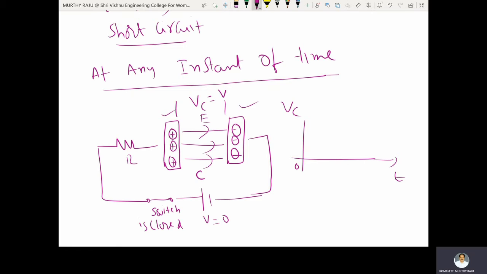At t equal to 0, the capacitor voltage is 0. The product of R and C is the time constant tau. This is one time constant, two time constants, three time constants, and so on. As time increases, the capacitor charges based on the time constant, and finally reaches the supplied voltage V.